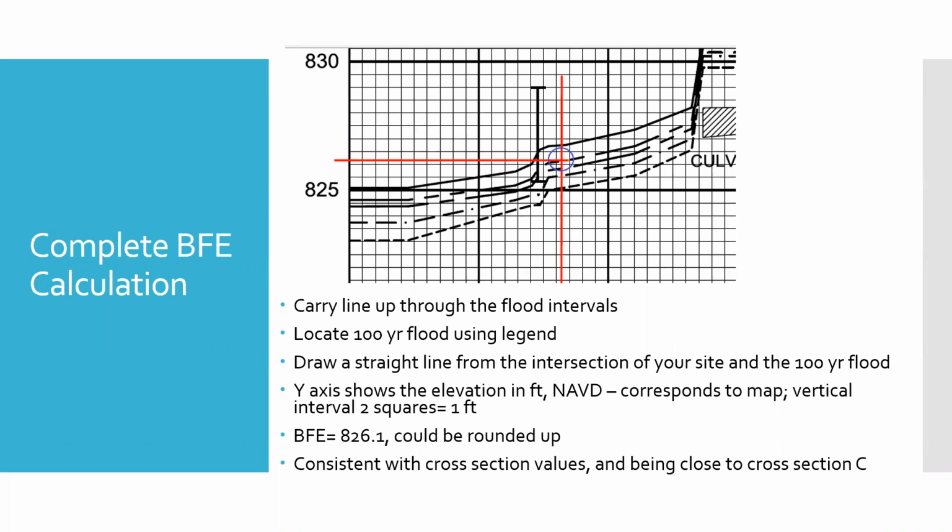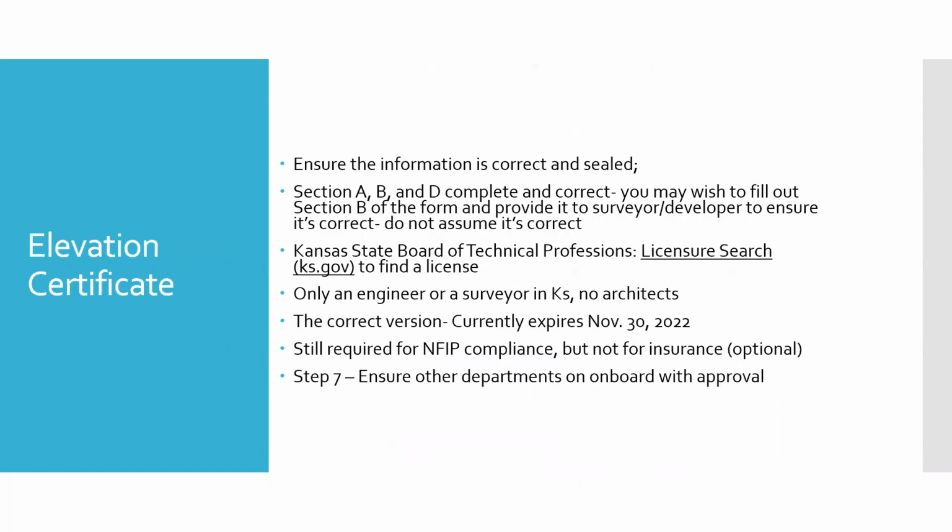So it could be something simple like that. And so it kind of makes sense that I would get a BFE of 826.1 because, like I said, I'm only 20 feet down from the cross section. So it makes sense.